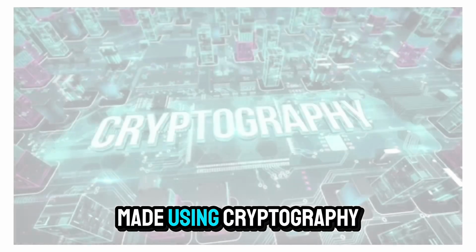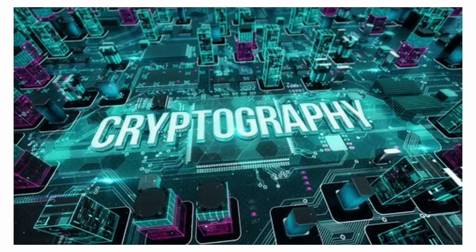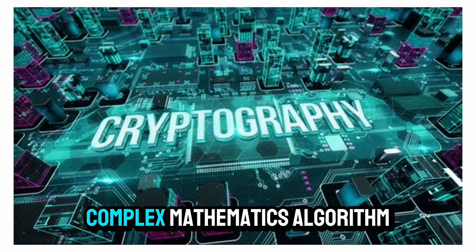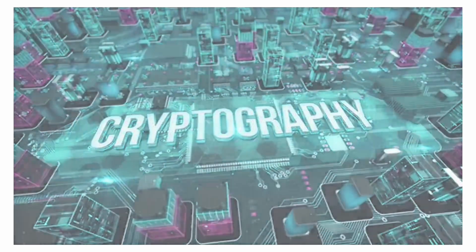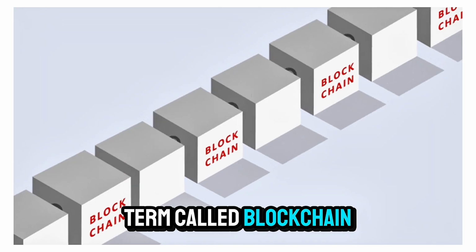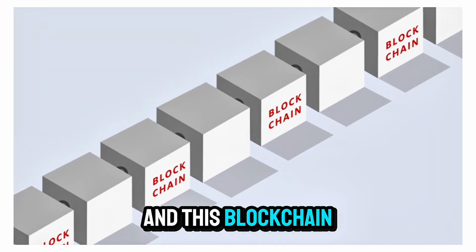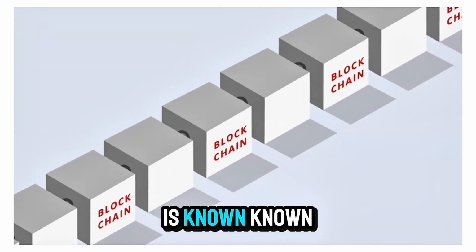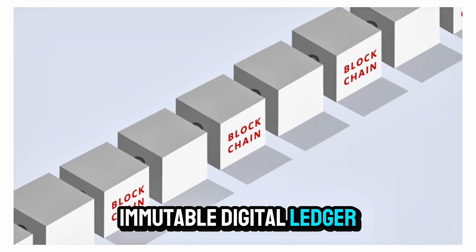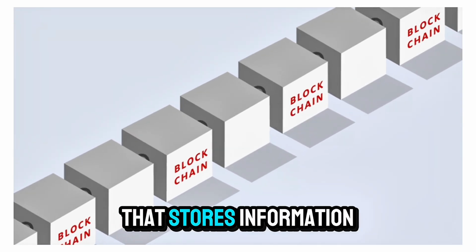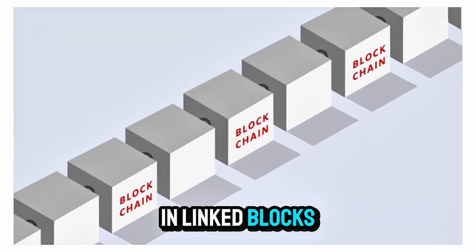Cryptocurrencies are made using cryptography techniques, which involve complex mathematical algorithms to secure transactions. And here there is a new term called blockchain. This blockchain is known as a decentralized, immutable digital ledger that stores information in linked blocks.